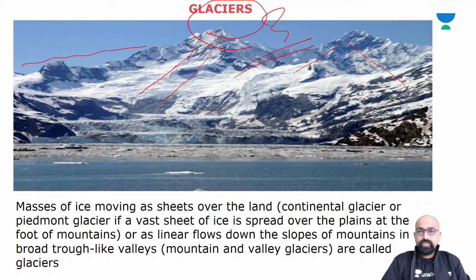So these are the glaciers. So continental glacier or Piedmont glacier, if a vast sheet of ice is spread over the plains at the foot of mountains. So this is in short information regarding glaciers.